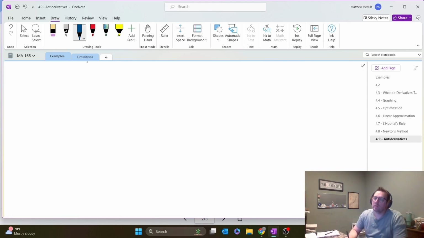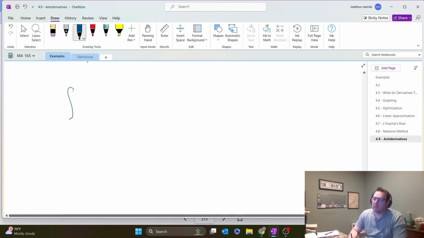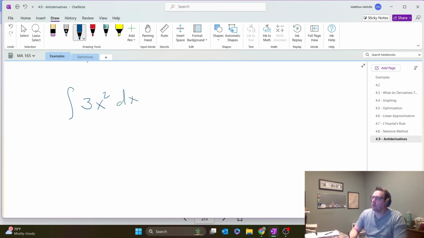So for example, if I want to find the antiderivative of 3x squared dx, but I'm trying to model something in a context, I get x cubed plus c. Now the function f of x equals x cubed plus c is what we just found. And sometimes you're going to be given what we call an initial condition.